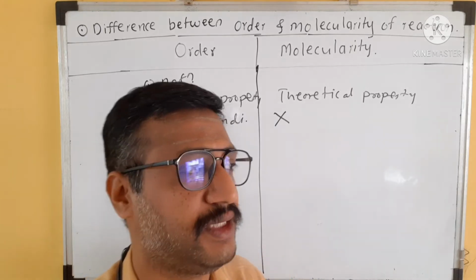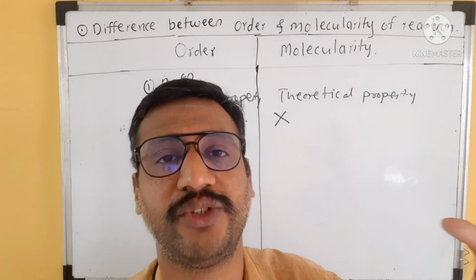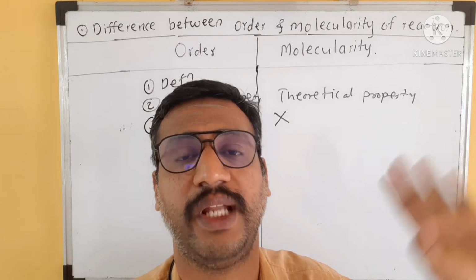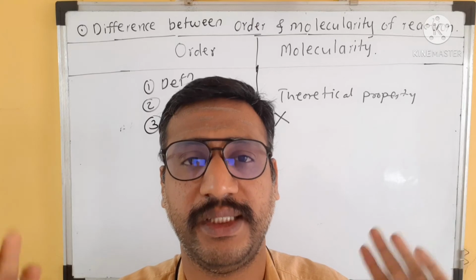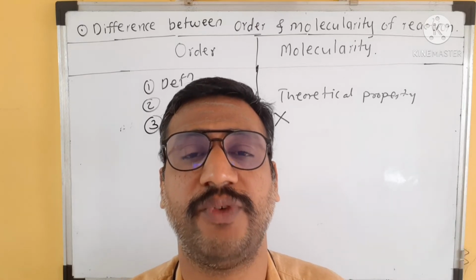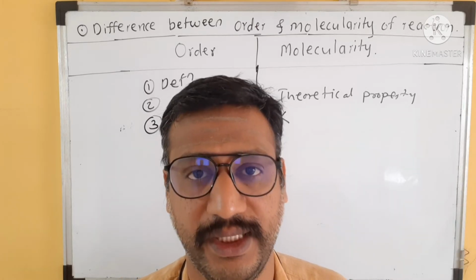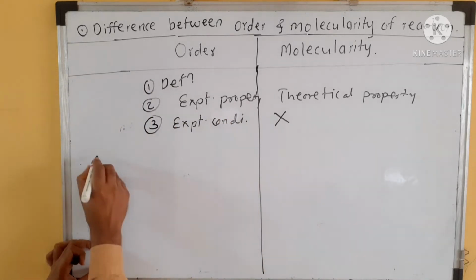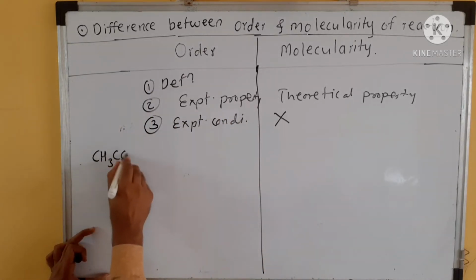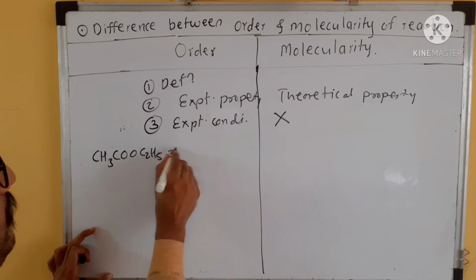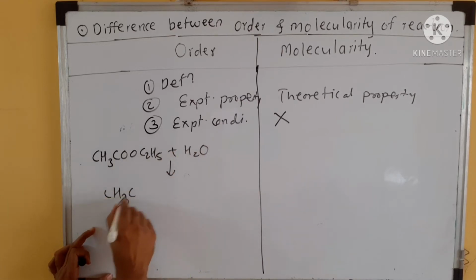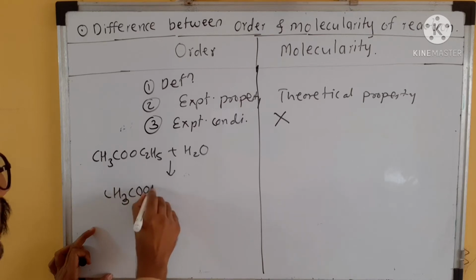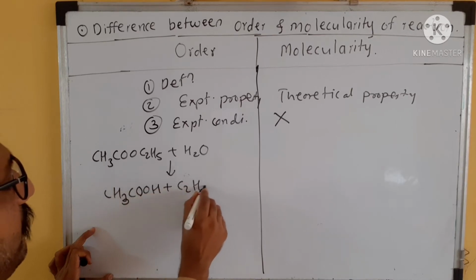Generally it is stated that a reaction's order is 1, 2, 0 and so on, considering the optimum range of conditions, the most feasible conditions for that reaction. Let's take an example. Ethyl acetate, CH3COOC2H5, on hydrolysis forms CH3COOH plus C2H5OH.